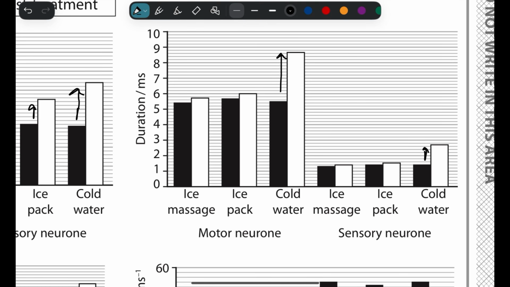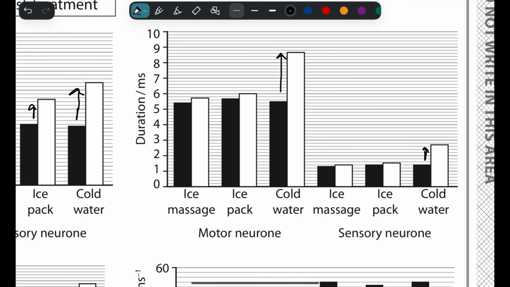In terms of that, the action potential, again, is going longer in the sensory neuron. Now, if the duration of the action potential is longer, of course it means that we might have it contracted for longer. But when we think about cramp, is that a good thing? I'd say yes, because cramp is kind of caused by the involuntary contraction and relaxation, so if we have it in one state, it's actually probably better for us.